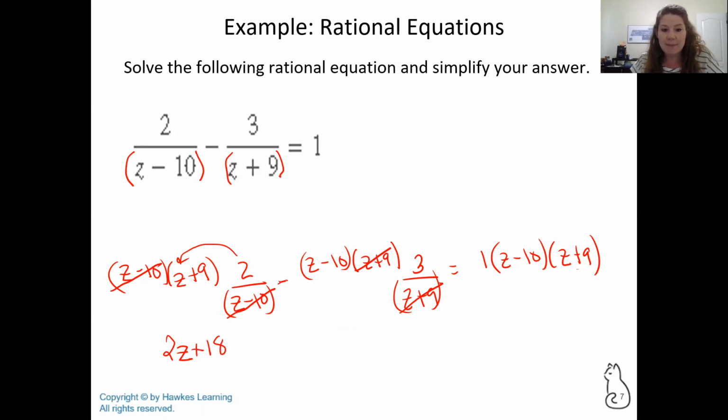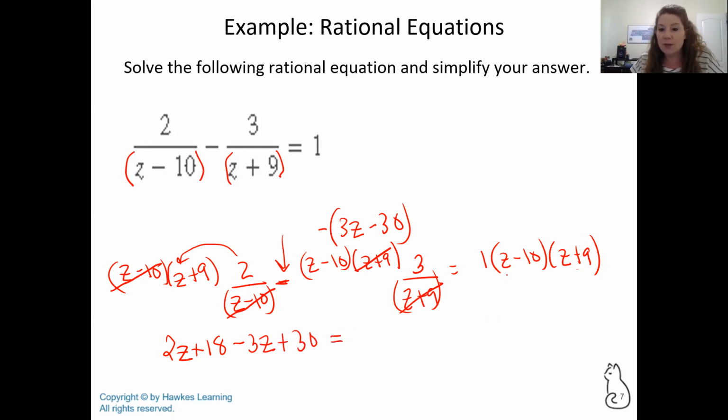Since I see that minus right there, I'm going to distribute, making sure I distribute that negative sign. So 3 times z is 3z, and 3 times negative 10 is minus 30, but we're subtracting that. So we're going to write minus 3z plus 30.